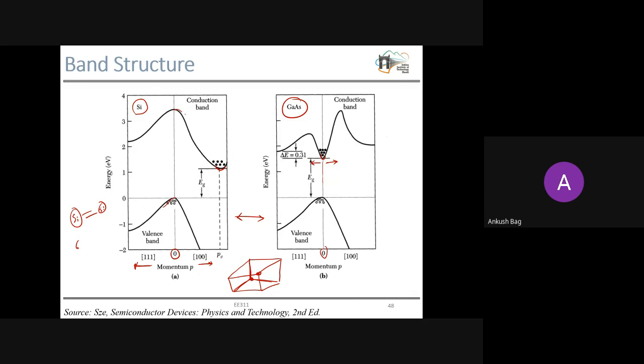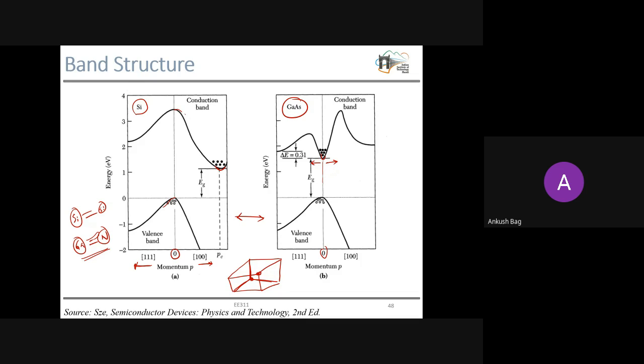But if you take another material, let's say gallium nitride, a compound semiconductor, there also you have a covalent bond, but here it has some polarity, because nitrogen is more electronegative than gallium. So the bonds are more attracted to nitrogen, and the overall bond has some ionicity.